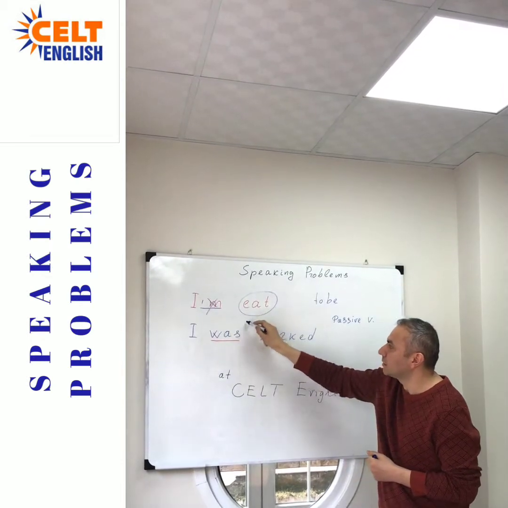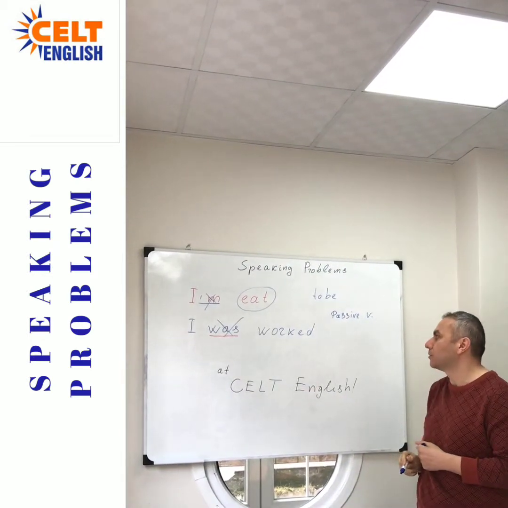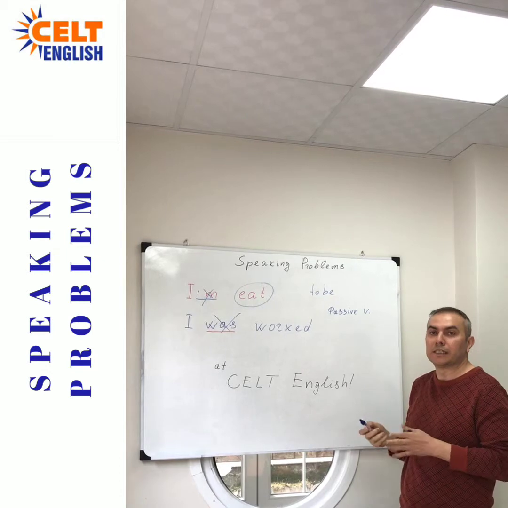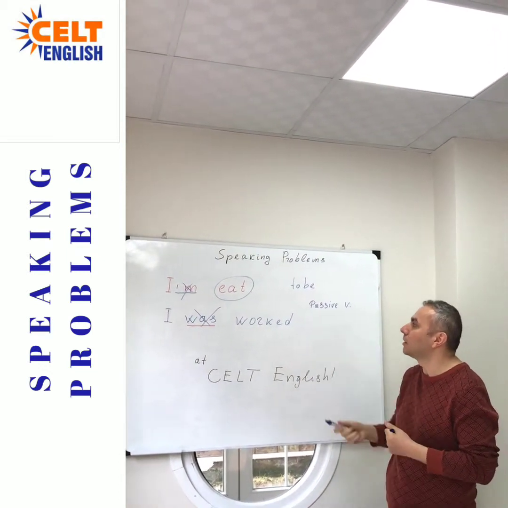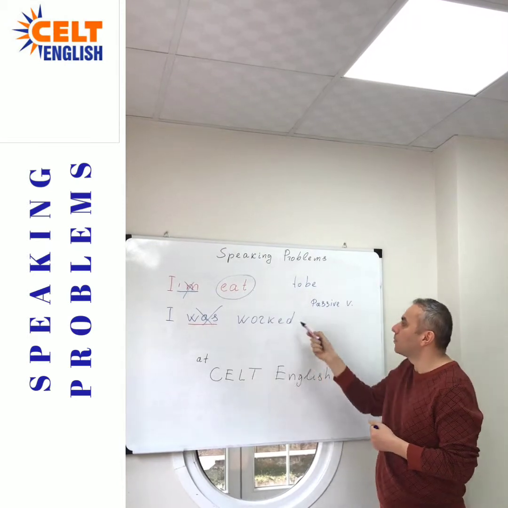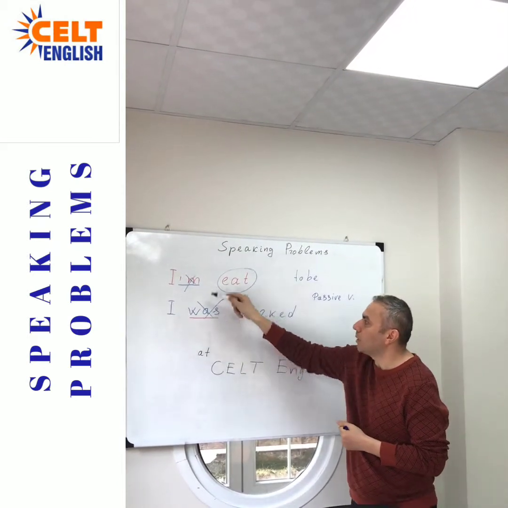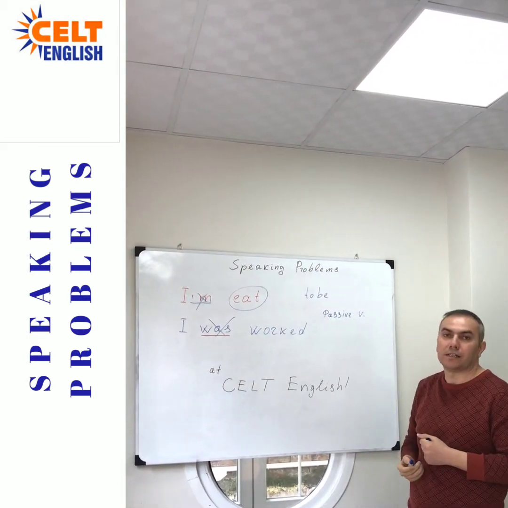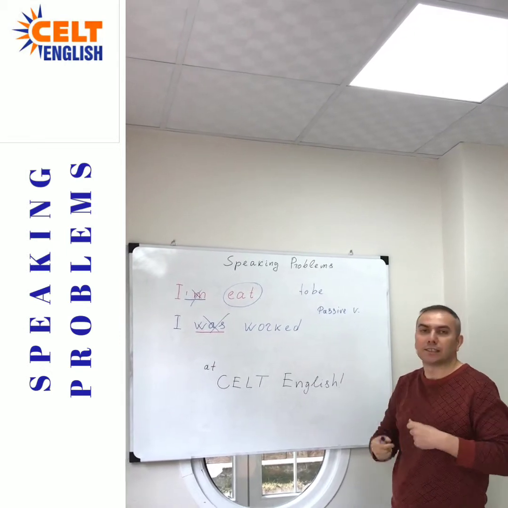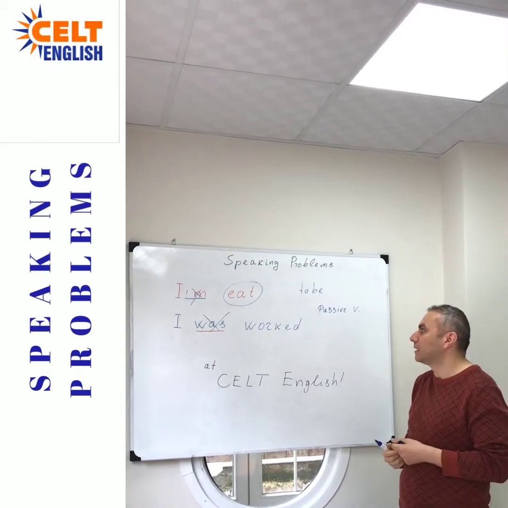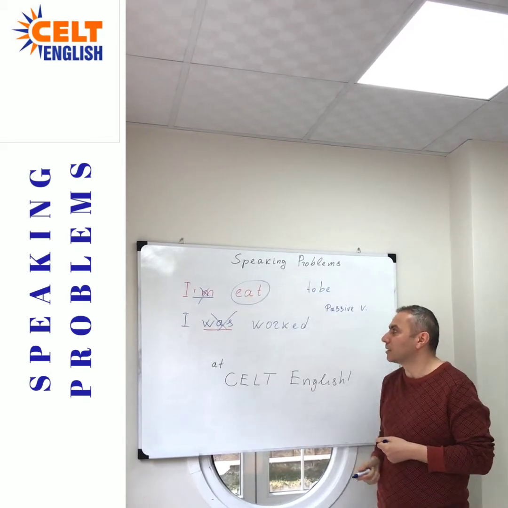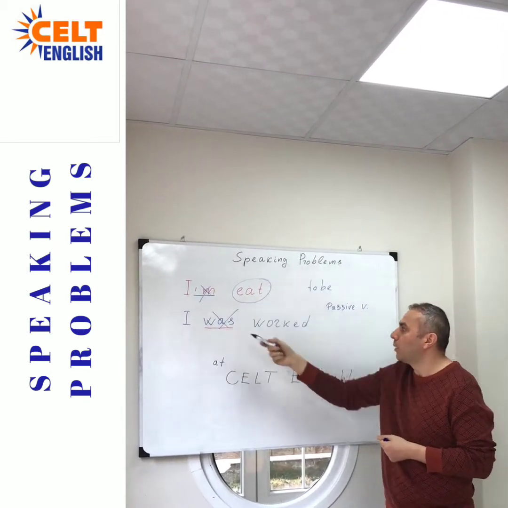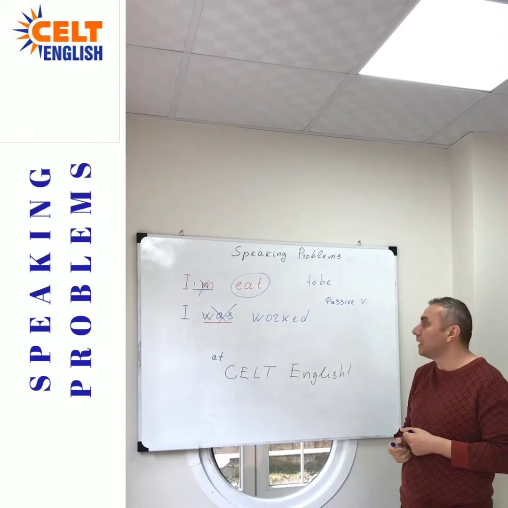So to remove the mistake, to just talk normally in regular simple tense English, you have to use the main verbs, and you don't need to add any of the to-be versions there. This is usually done in students' talking, and it is a big mistake, and it just destroys the grammatical part of your sentence completely.